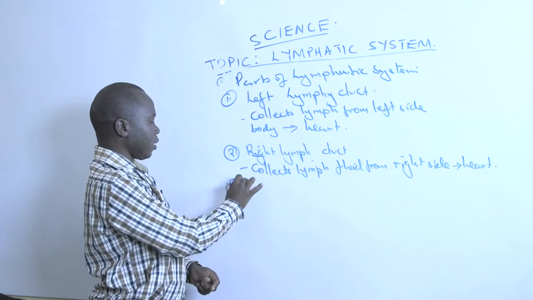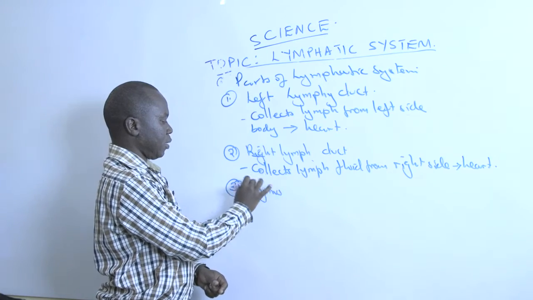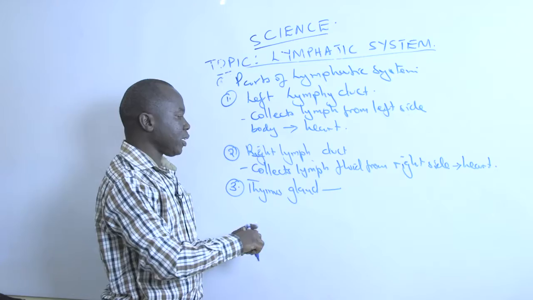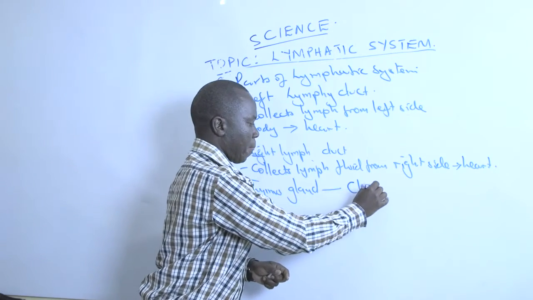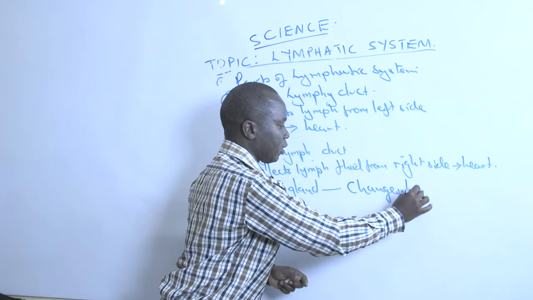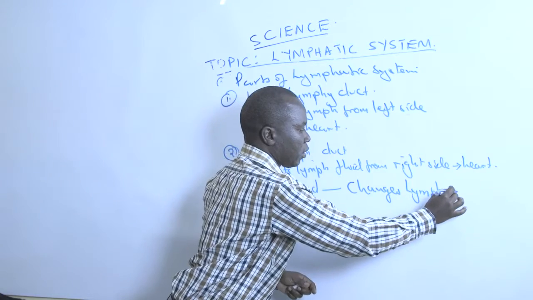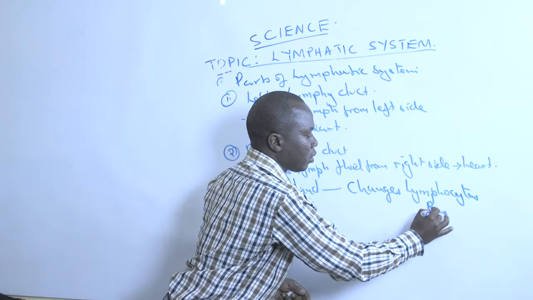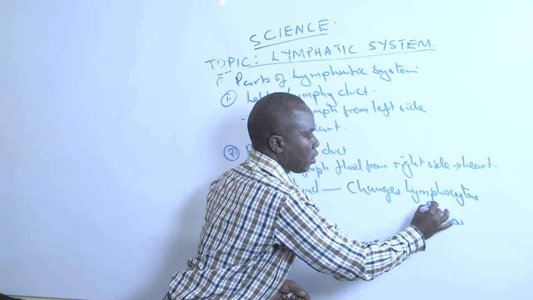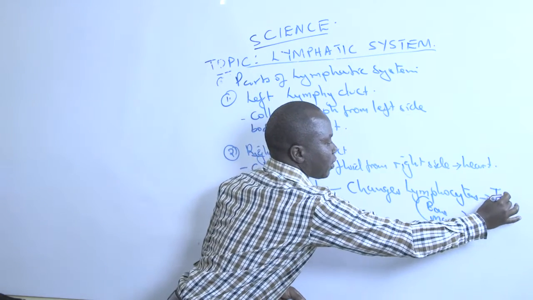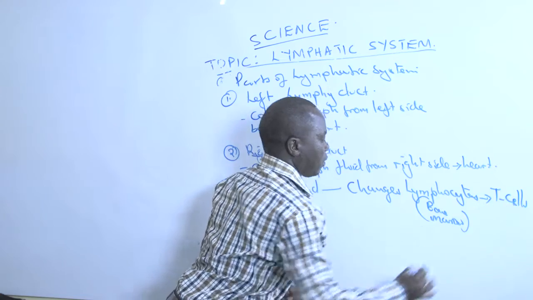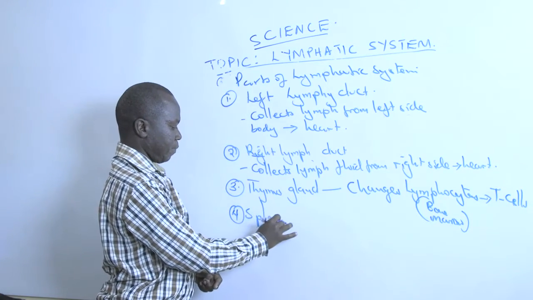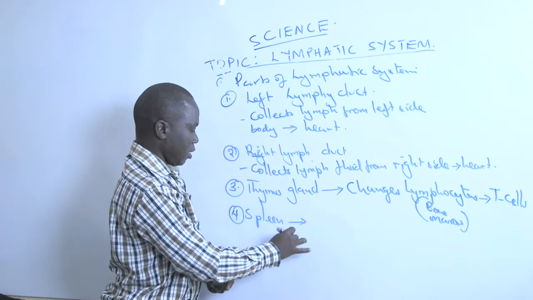We have mentioned other glands like the thymus gland. The thymus gland usually changes lymphocytes produced in the bone marrow into T cells. We have the spleen. The spleen has several roles.